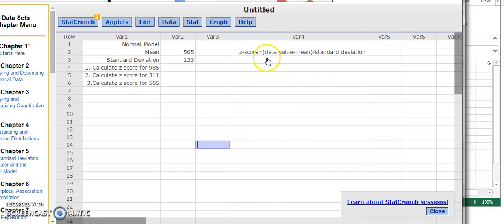The numerator equals the data value you're looking at minus the mean of the distribution, and the denominator is the standard deviation. You'll see this formula in my notes or your professor's notes. And let's look at an example of how to calculate z-scores.